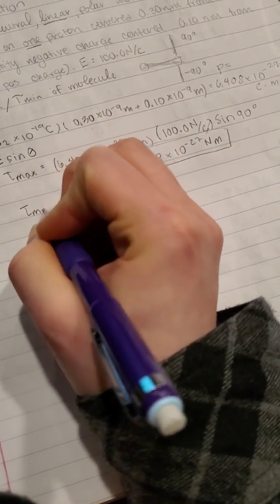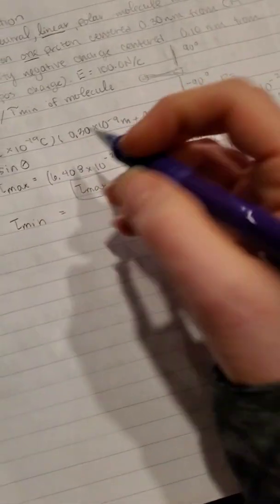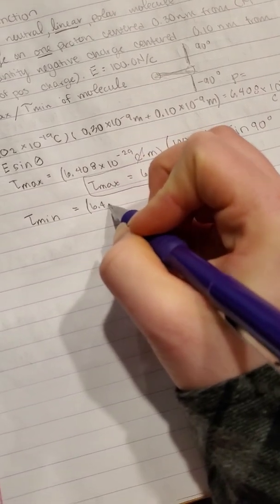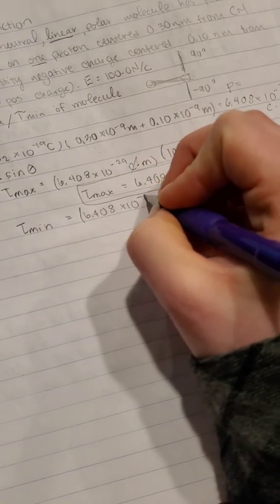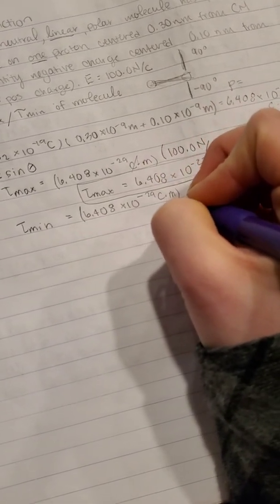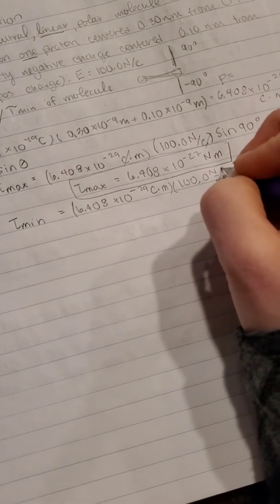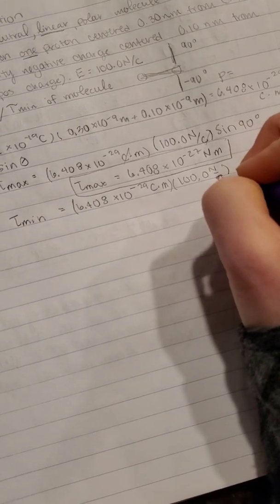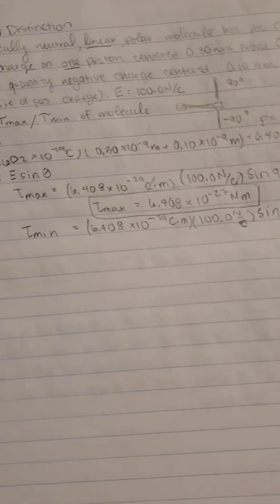Now we want to find our minimum. So we're going to take, again, the proton and electron, same charge, because it's a dipole. So we're taking the dipole, and the electric field is uniform throughout, and then sine of negative 90.